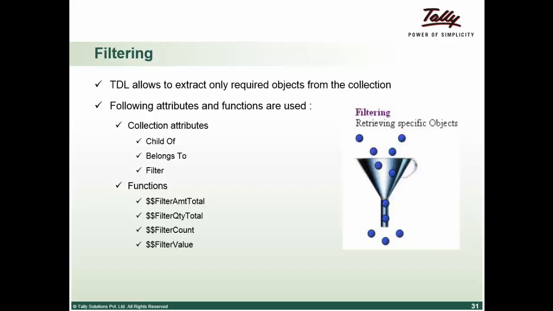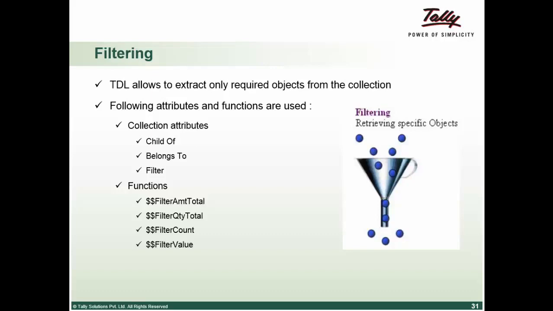So to get even those ledgers is why the belongs to attribute can be used. So the belongs to attribute can be used along with the child of attribute. This attribute determines whether to retrieve the first level of the objects under the value specified in the child of, or include all the objects up to the lowermost level.